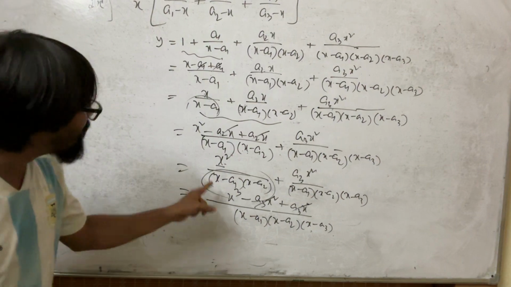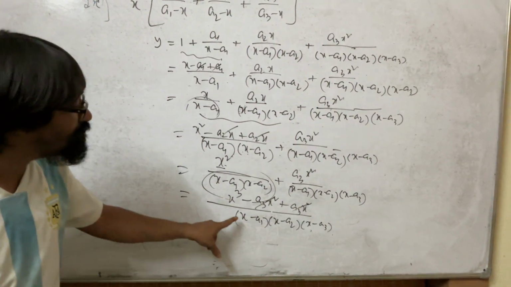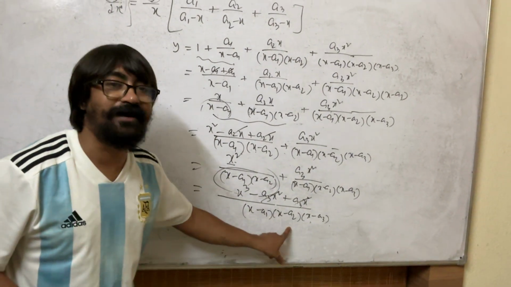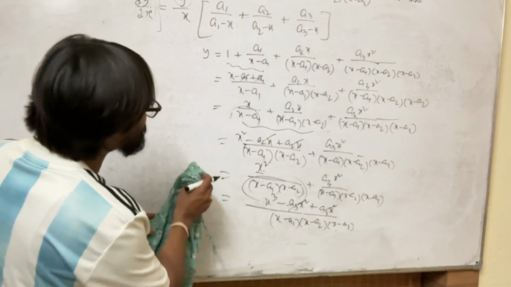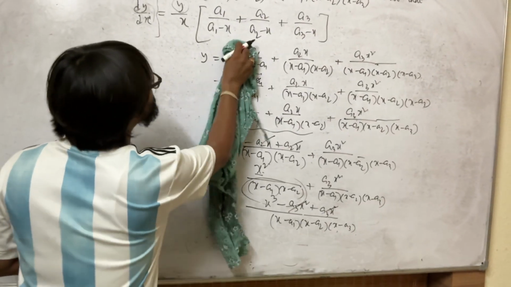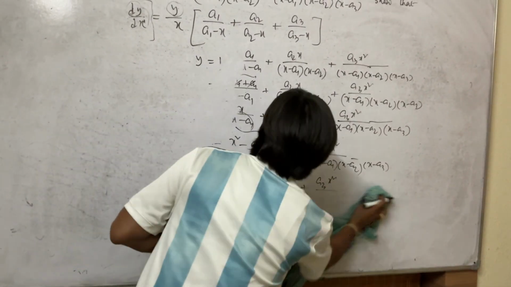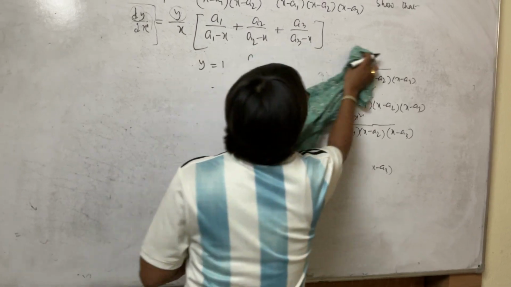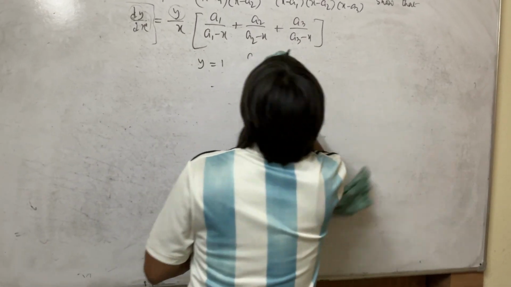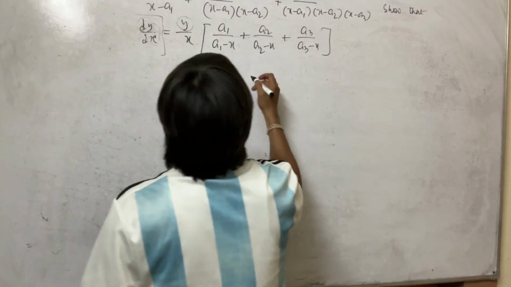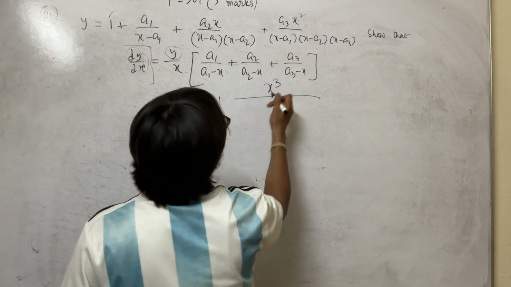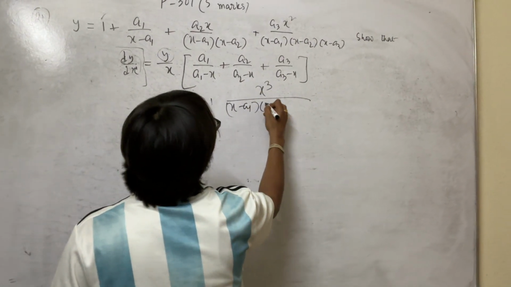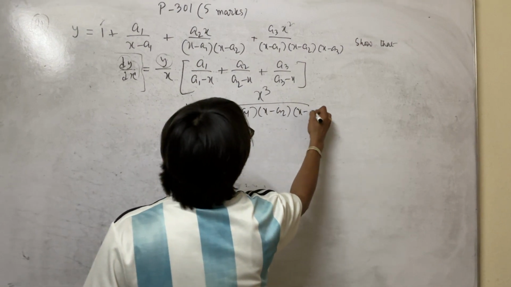So the term becomes actually very simple, x cubed by (x minus a1) into (x minus a2) into (x minus a3). So we will just erase this and write this expression here. This whole terrific looking expression just becomes x cubed by (x minus a1) into (x minus a2) into (x minus a3).